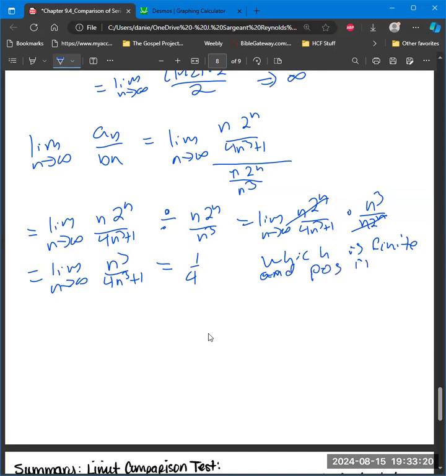So AN and BN, the summations both converge or both diverge.